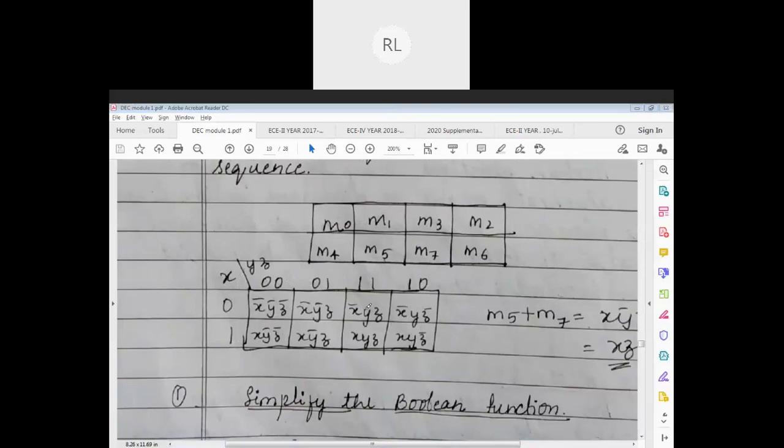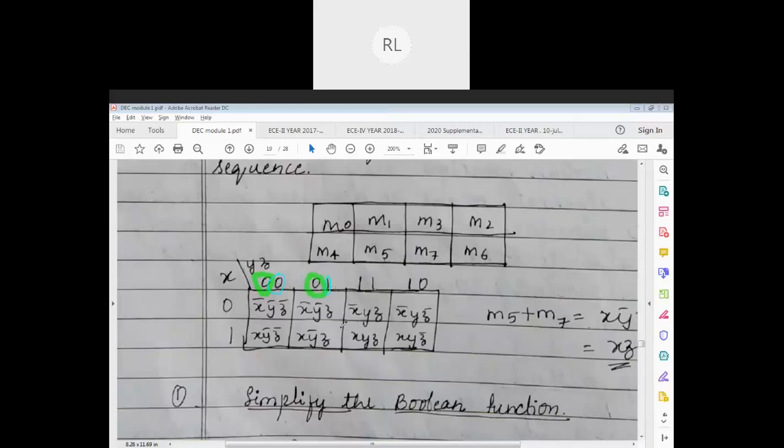Why am I doing this? Let me use the tools and we will see. Now 0 0, 0 is already here. Now if you can see, there is only one bit change between 0 and 1, isn't it?